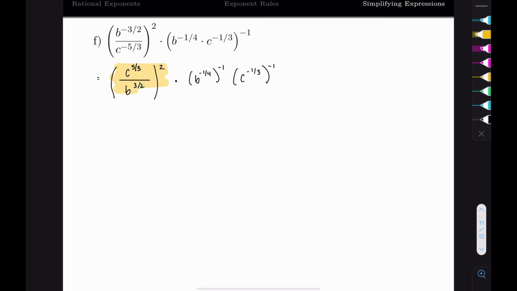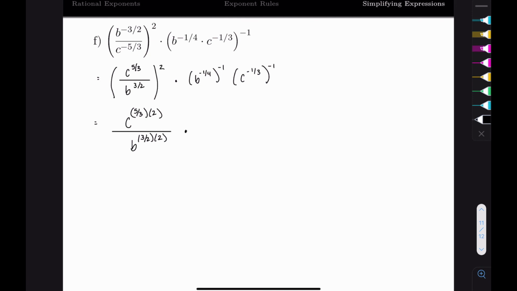Now we can go ahead and work with this one. We can again distribute this exponent because it is division, and it distributes as multiplication. So you'd have c to the 5/3 times 2. And then in the bottom, you'd have b to the 3/2 times 2.